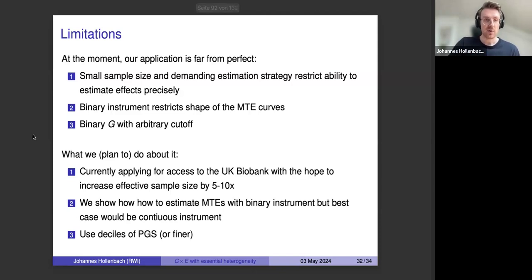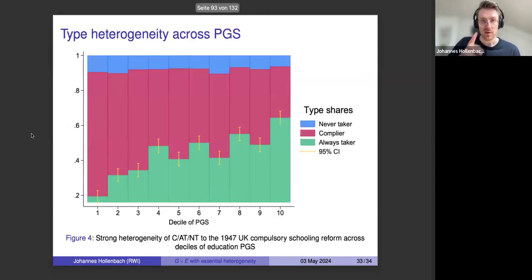And I've brought, as a last slide, one of our most recent results. What you can see here is the shares of compliers, always takers, and never takers to our compulsory schooling reform across the deciles of the education polygenic score.